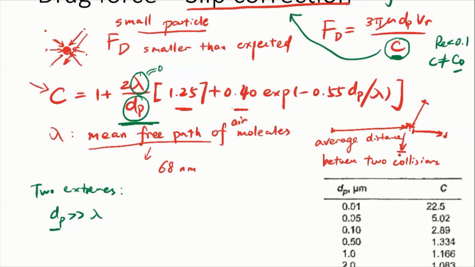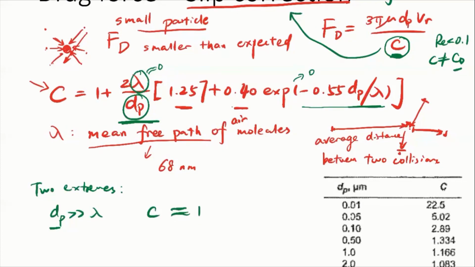So exponential of dp over lambda is going to reach almost infinity, and this whole term goes to negative infinity, right? The exponential of negative infinity is 0. So C will almost equal 1.